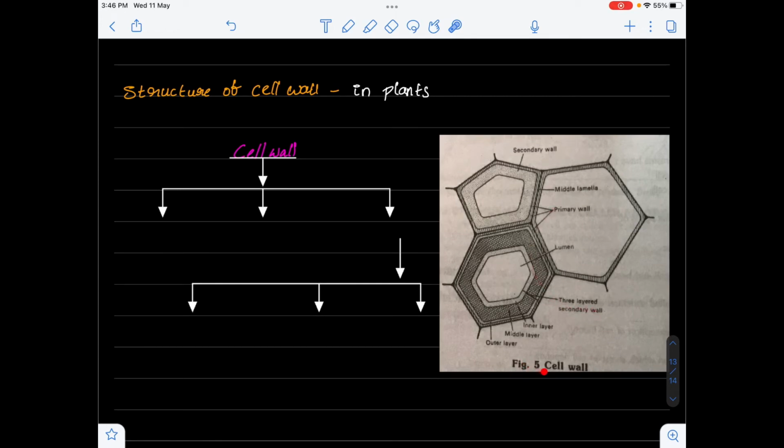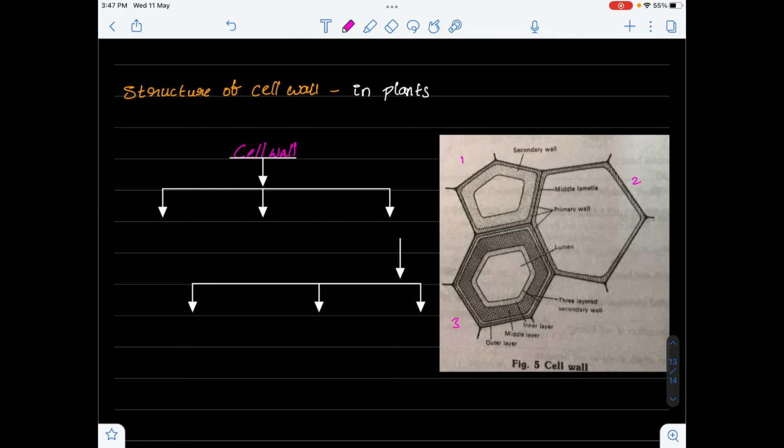This is the cell wall structure. Here we have three cells: this is cell 1, this is cell 2, and this is cell 3. In these three cells, the cell wall structure is clearly shown. Now let us see all the different layers present in the cell wall in plants.